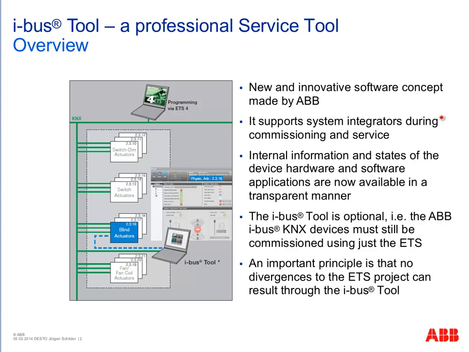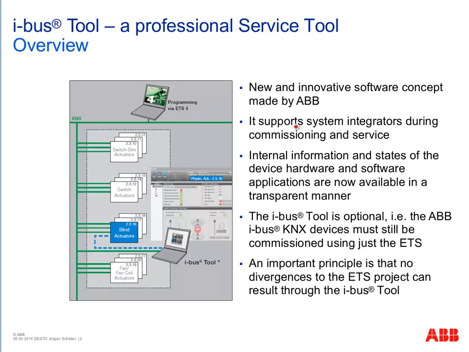The IBAS tool is a new and innovative software concept made by ABB only. What does it mean? This software works only together with our ABB KNX devices. The main purpose of the software is to support the system integrators during commissioning and service.